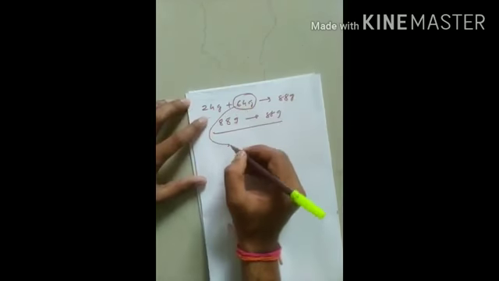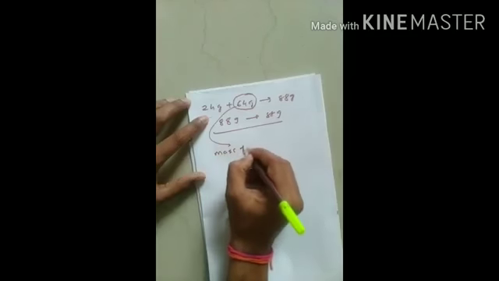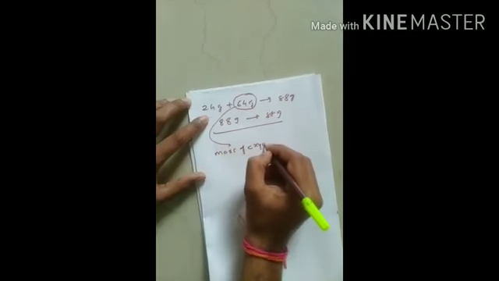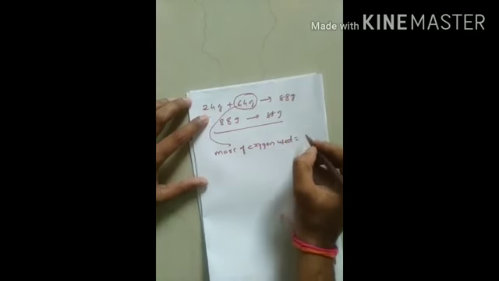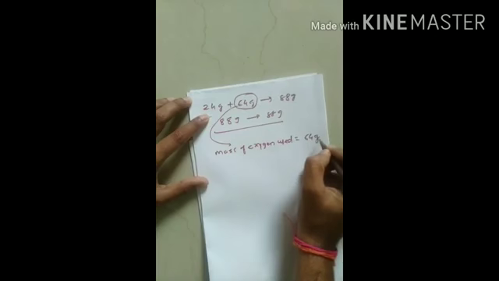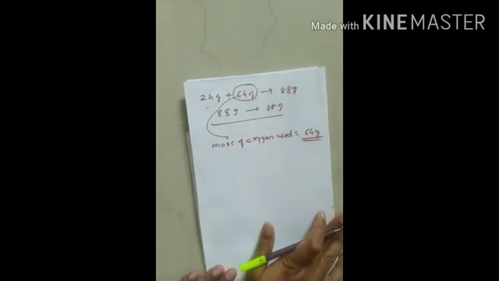So the answer must be mass of oxygen used, which is equal to 64 gram. Okay, so in this way this is the complete answer of your question number G.